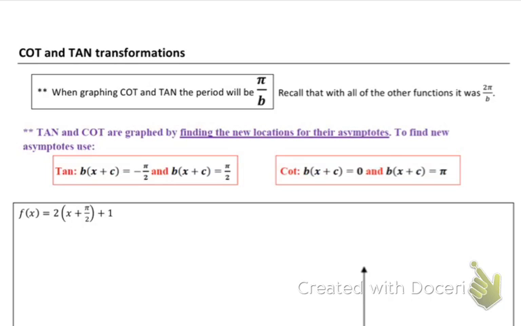The past few weeks we just used 2 pi over b, but that only works with sine, cosine, secant, and cosecant. When I'm asking for the period, it has to be pi divided by b. I'll say it again, it has to be pi divided by b. If this circling is enough for you to know it's important, fine. Otherwise, highlight it, point to it, it's important, it's a big change.